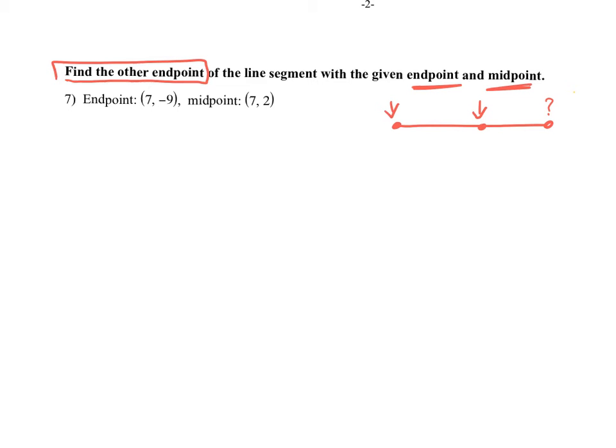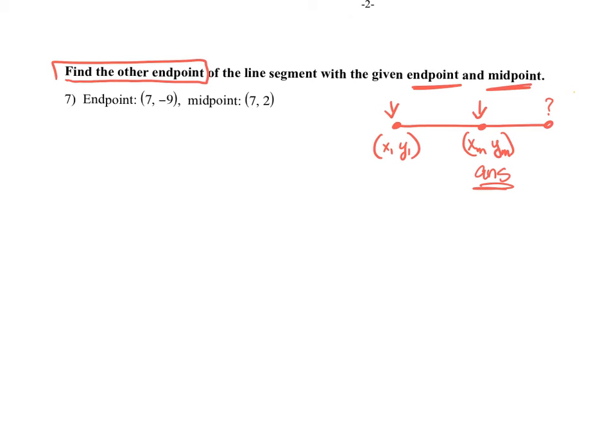When we have a formula, we have to put things where they go, okay? So this point here is x1 and y1. This point here is the x of the midpoint and the y of the midpoint. Everybody get that? And this I call the answer, because that's what we're looking for when we find midpoint.